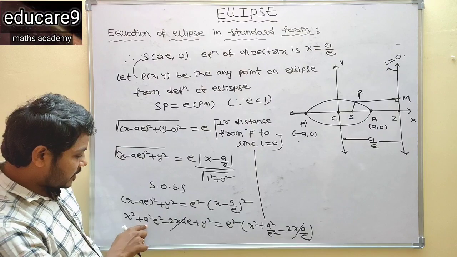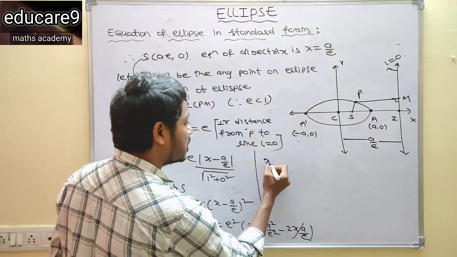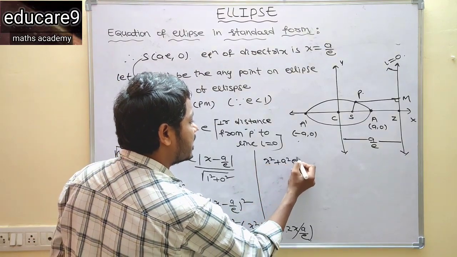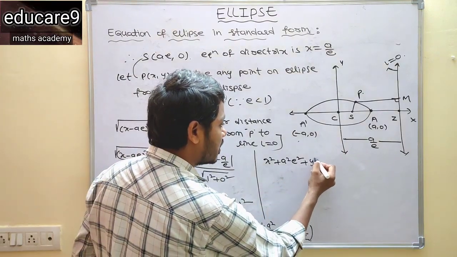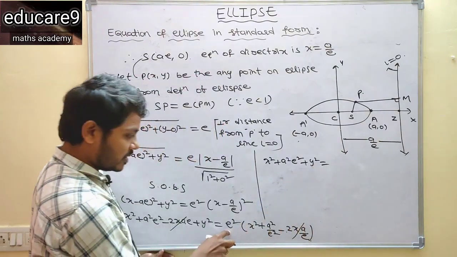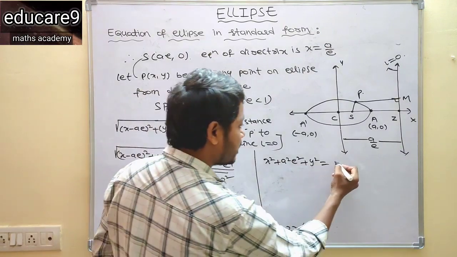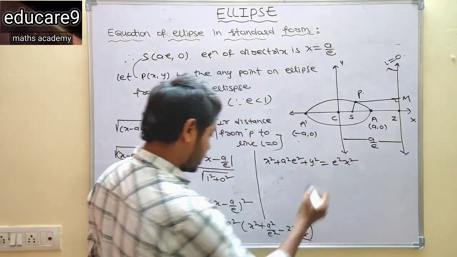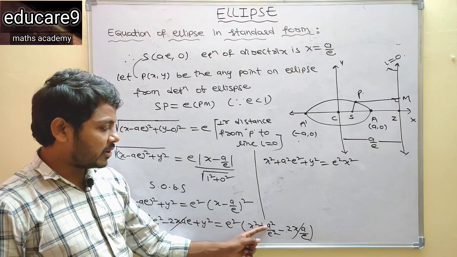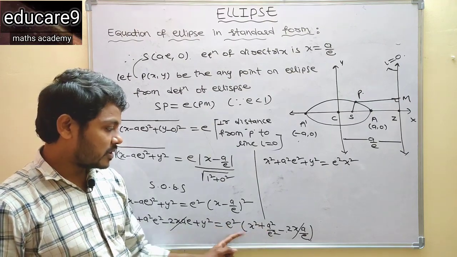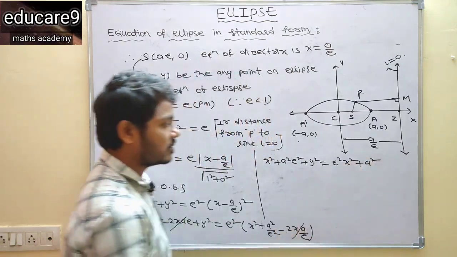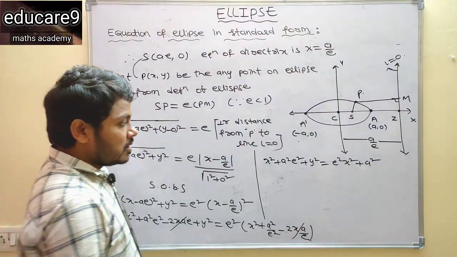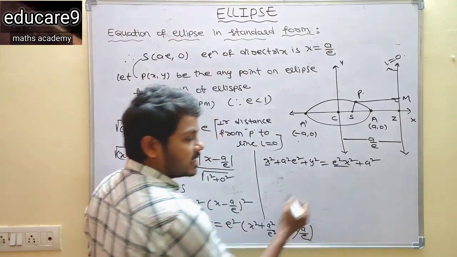Now what are the remaining terms? x square plus a square e square plus y square is equal to e square x square plus, e square into a square by e square, so e square gets cancelled, you will get a square. See here, in both terms x square is common.